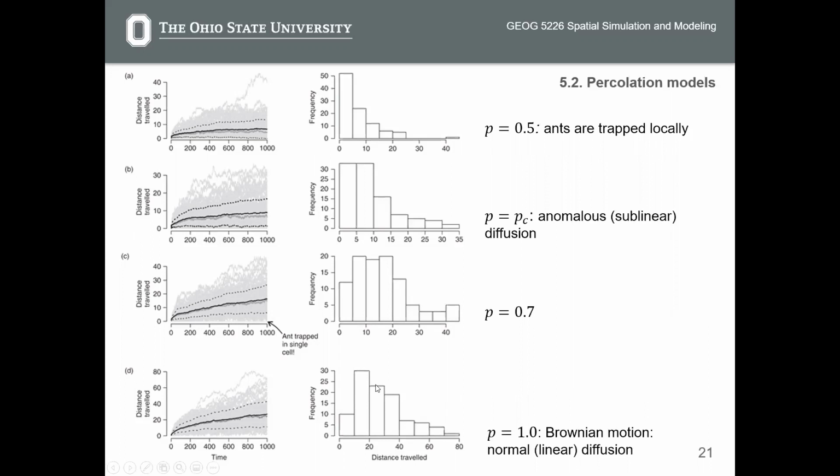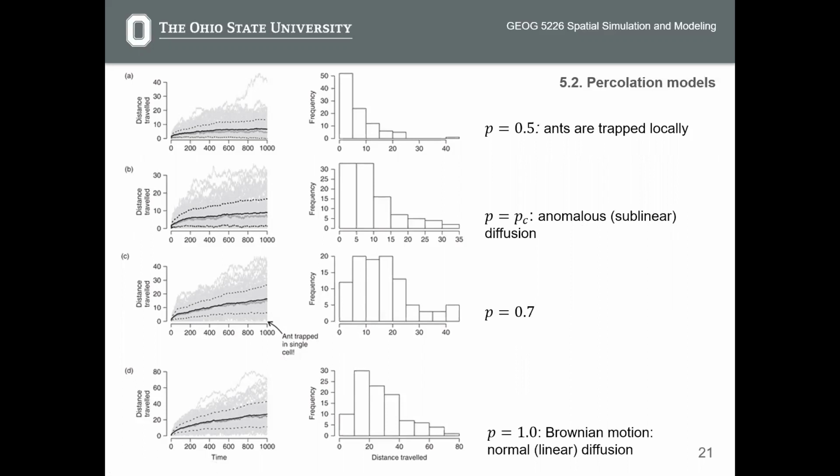And if that is the case, surprisingly, the majority of the ants travel less far than in the situation with p-value equal to 0.7, because now they have total freedom to go anywhere, but they are less purposeful, which means that they cannot travel very far compared to the situation where they have some limits, when only 70% of the lattice was covered by occupied cells.